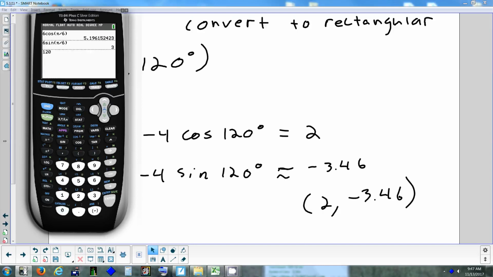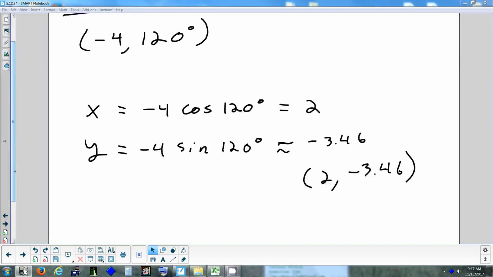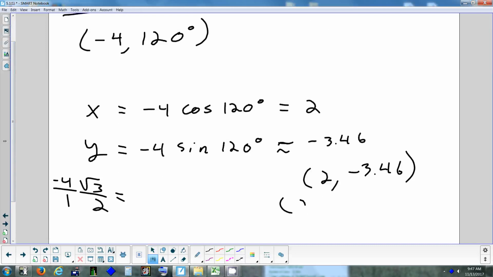So on the test, you might see something like root 3 over 2 times -4. So we could see something like 2 comma -2 square roots of 3. What I just wrote below it, that is the same answer, but that's the exact answer, not rounded.